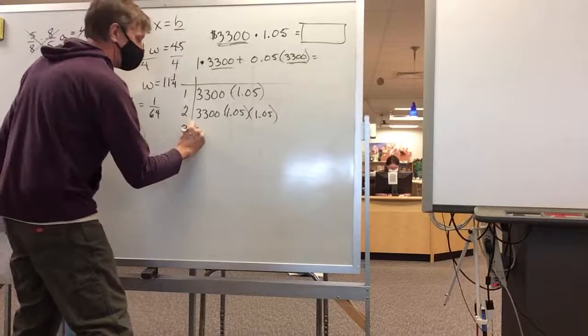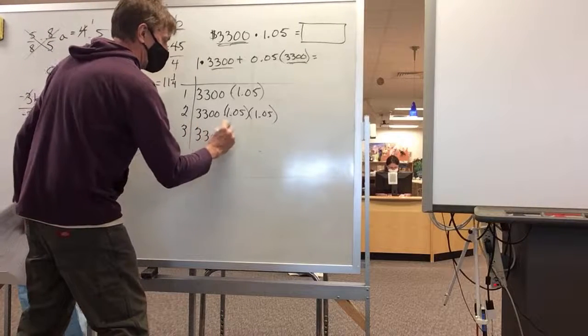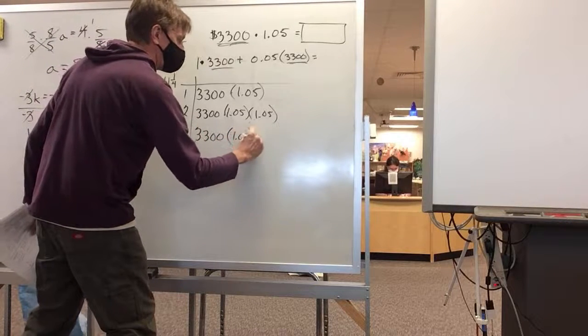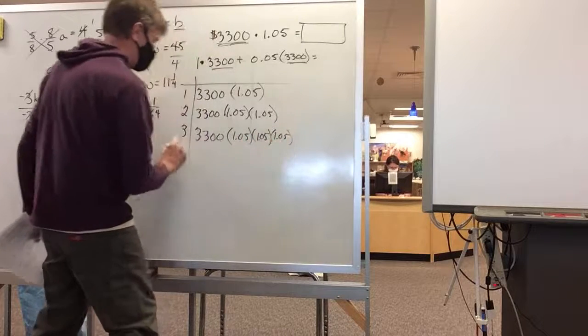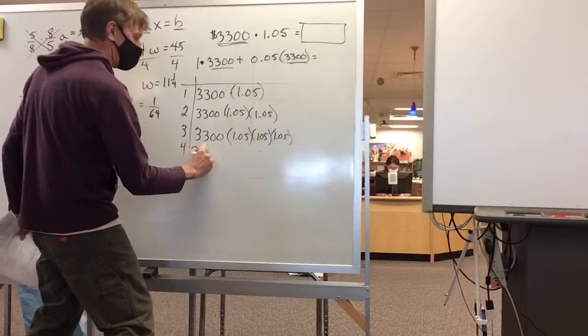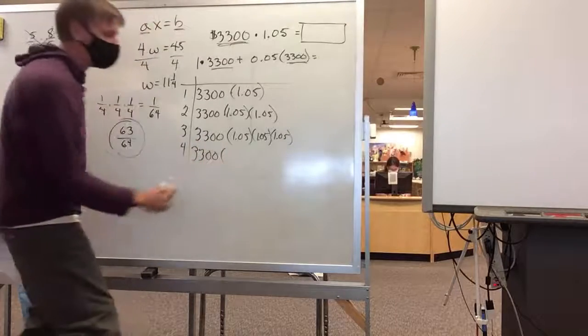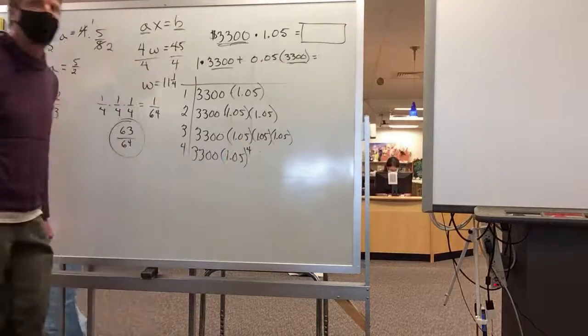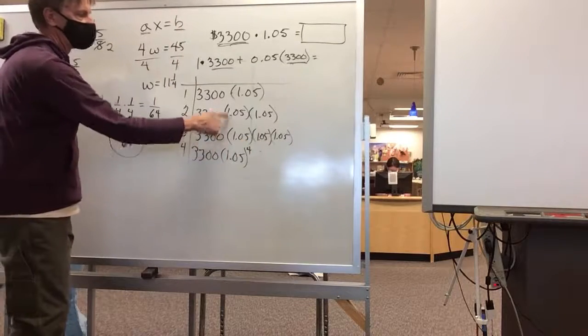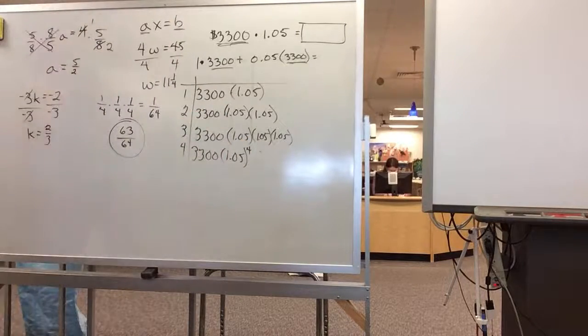In the third year, would be 1.05 times 1.05 times 1.05. In the fourth year, I'm getting tired of writing 1.05, so I'm just gonna say 1.05 to the fourth power, because here it's the third power, the second power, and the first power. Yes, hard question. We'll spend a lot of time with that next year.